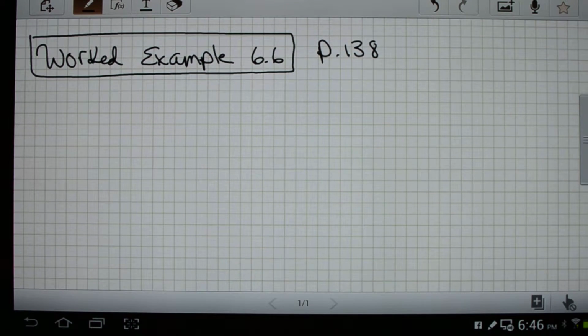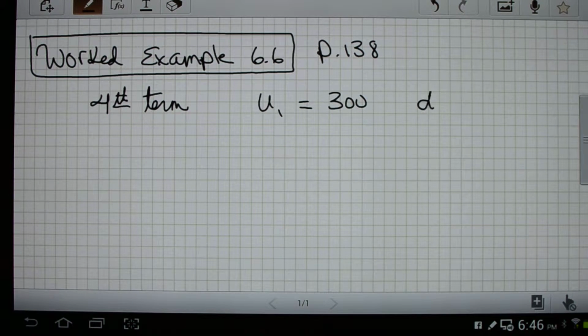It says, what is the fourth term of an arithmetic sequence? Right now, arithmetic sequence is the only kind of sequence you know about, but later on that's going to become important. With u1 equals 300 and common difference equals -5.